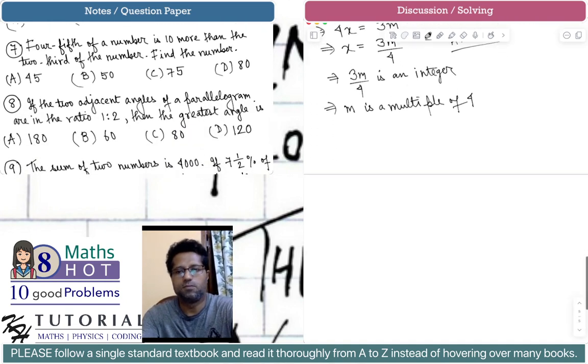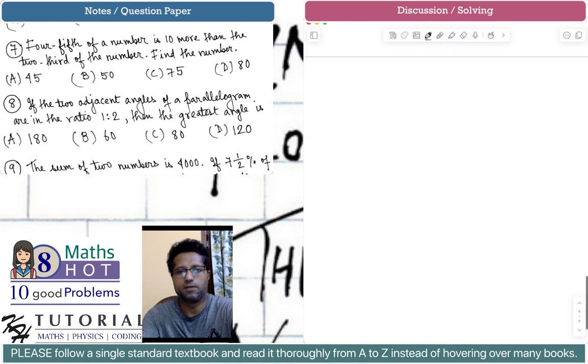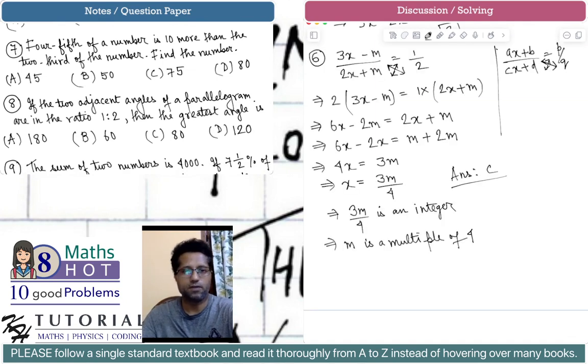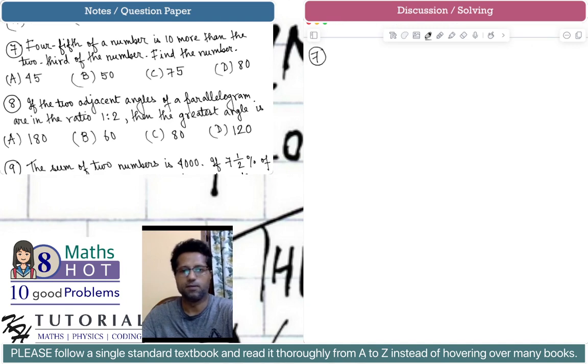Okay, let's do problem number 7. 4/5 of a number is 10 more than the 2/3 of the number. Find the number. The standard way of solving this kind of problem is that you assume the unknown. You assume the number to be x.